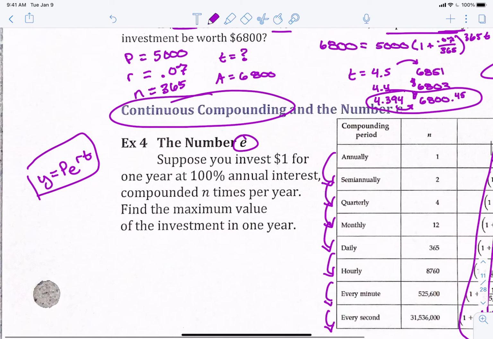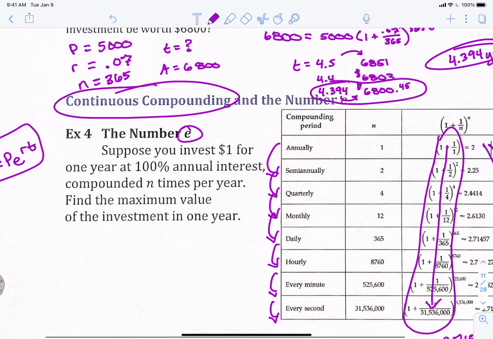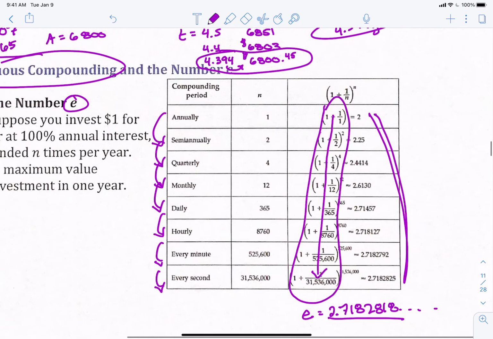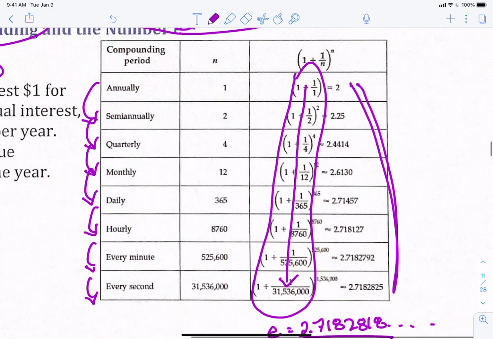So PERT. Suppose you invest $1 for 1 year at 100% annual interest, compounded n times per year. It says find the maximum value of the investment. So this is going through and saying if you compounded annually, you would get $2. If you compounded semi-annually, you would get $2.25. I'm investing $1, right?